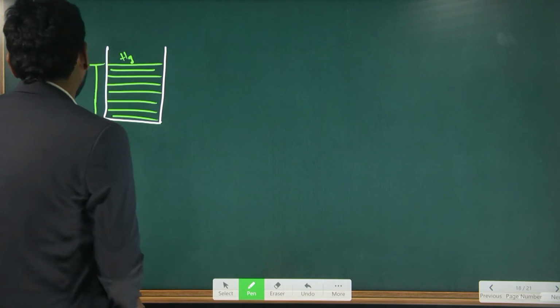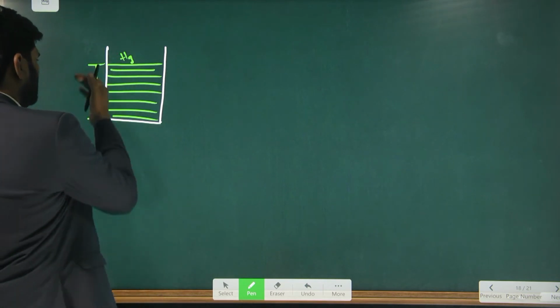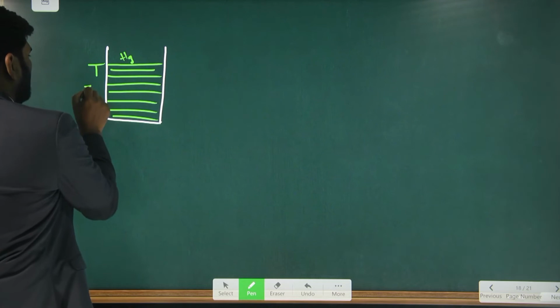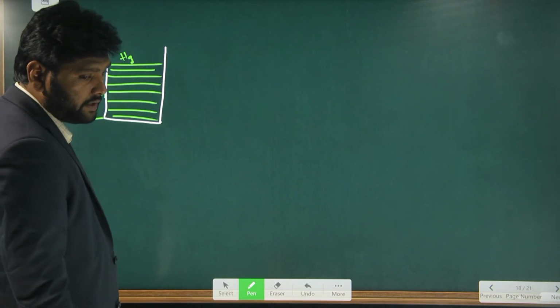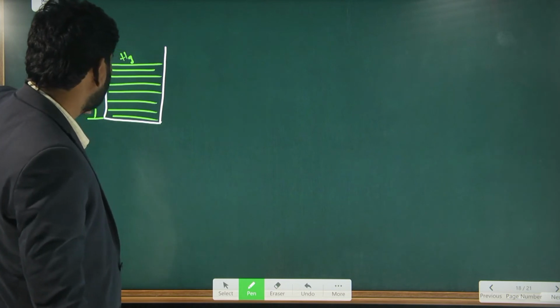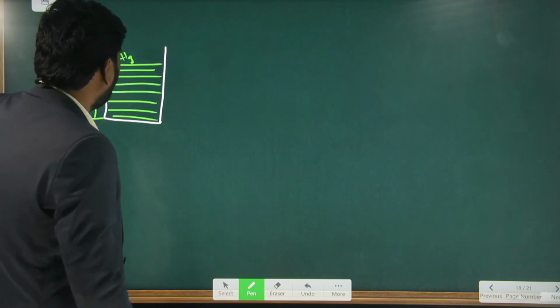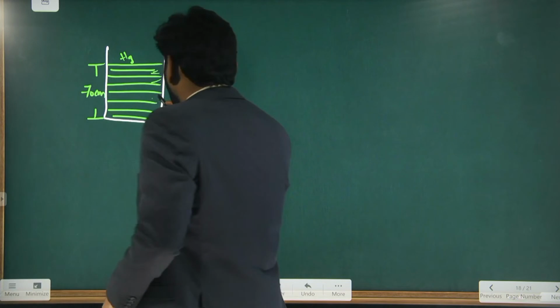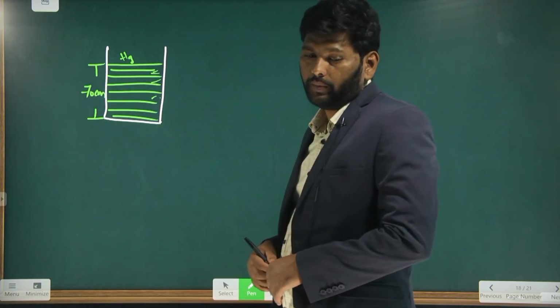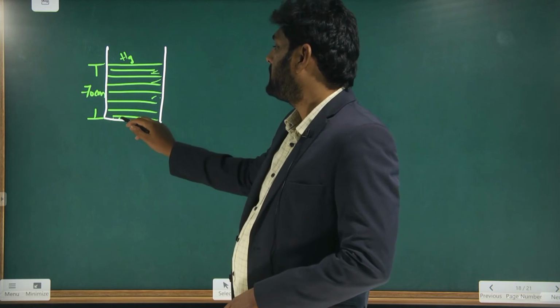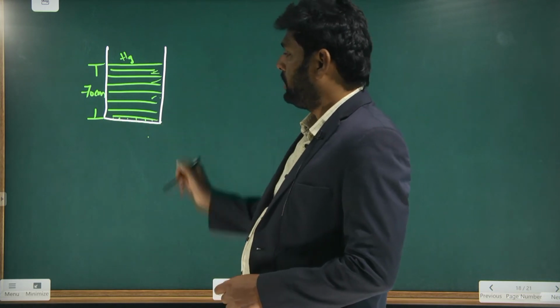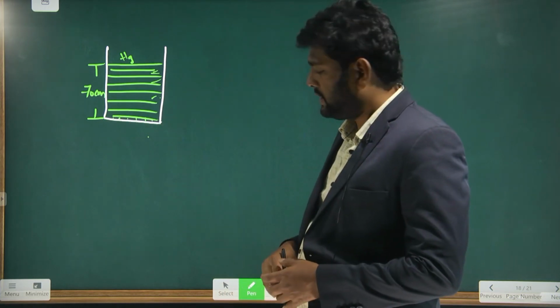In this mercury, the level of the mercury is 70 centimeter. The level of the liquid is 70 centimeter height, and the liquid here is mercury, Hg. When it is mercury, what is the pressure exerted by this mercury on the bottom surface area?